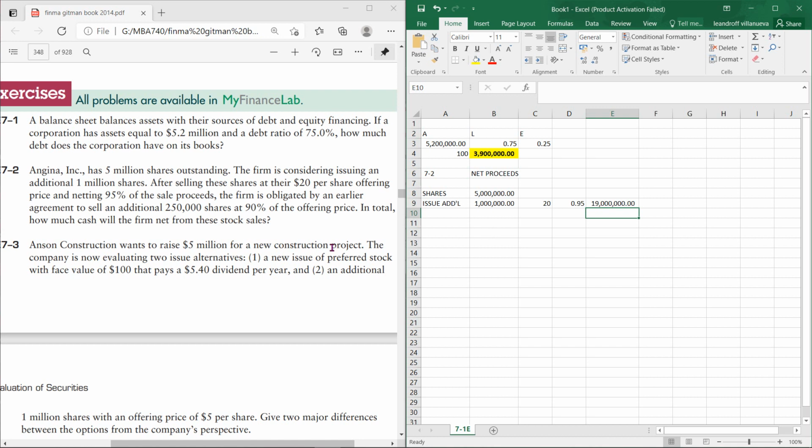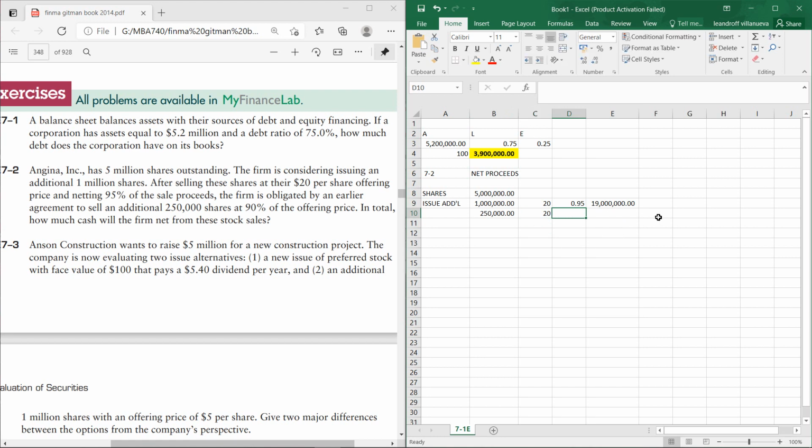Then what else? The firm is obligated by an earlier agreement to sell another, okay, additional 250,000 shares at 90% of the offering price.